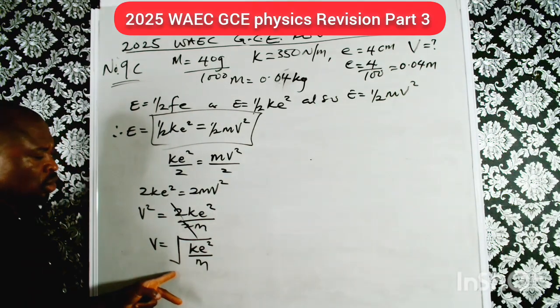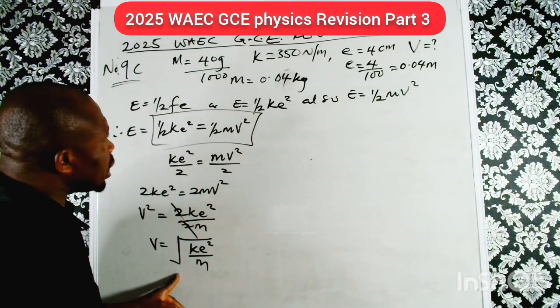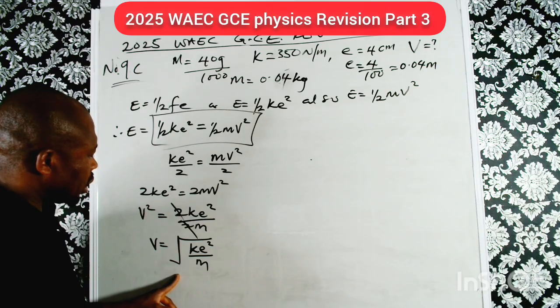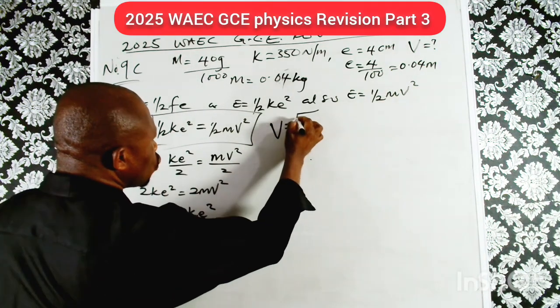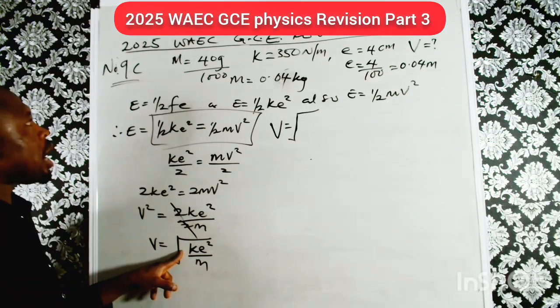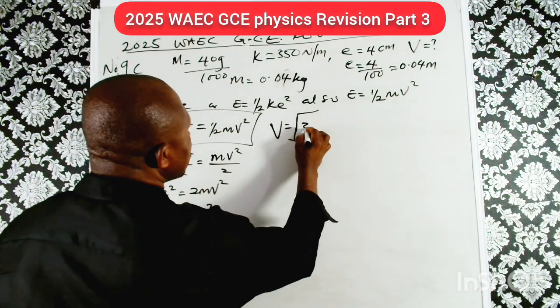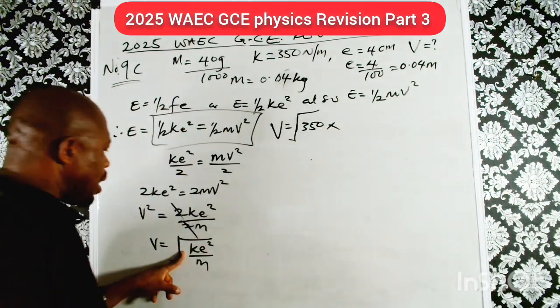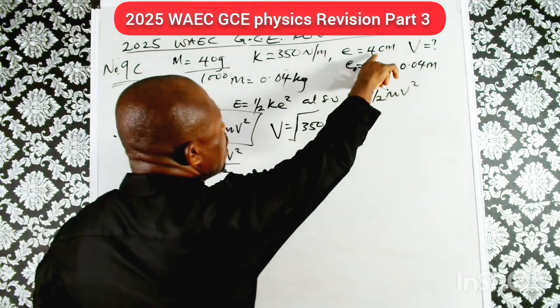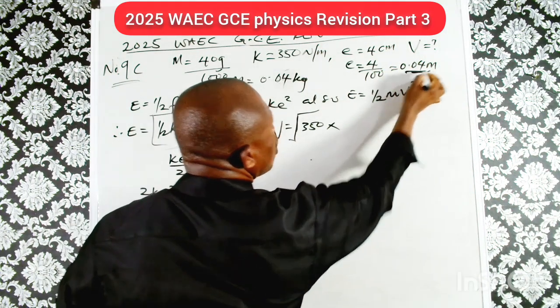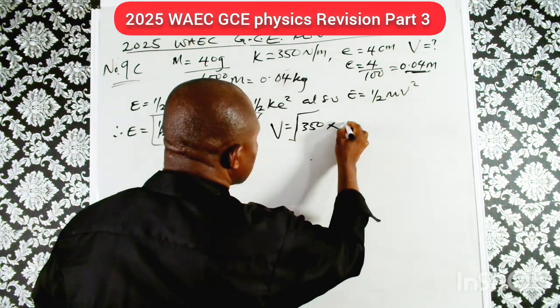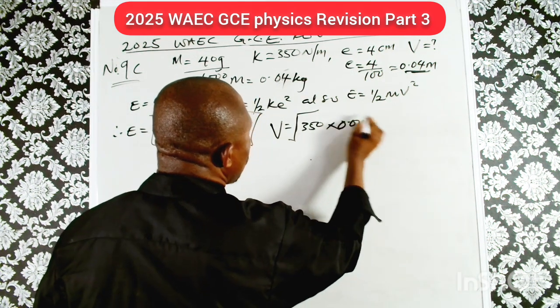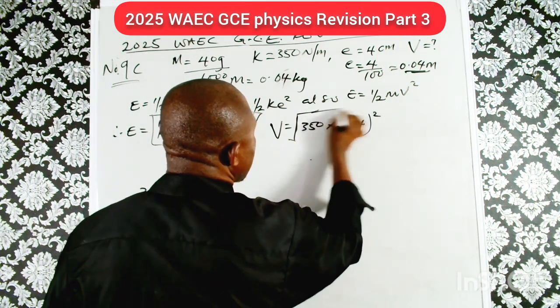Now, if we substitute into this, what do we get? V is equal to the square root of K, which is 350, multiplied by E squared. Remember our E, we use the converted one, that is meters, which is 0.04. Remember, there is a square here.